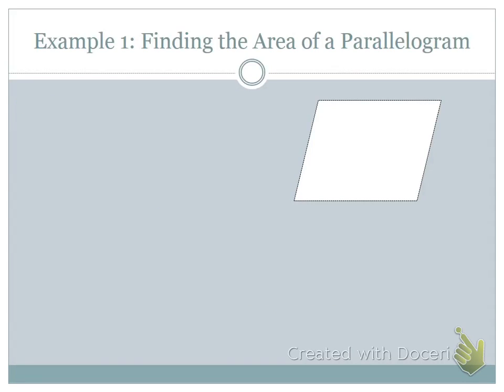All right, so what does this look like in a problem? Well, if I'm finding the area of this parallelogram, this dimension is, let's say, 6 centimeters, and then this dimension is 10 centimeters. And this dimension is 4 centimeters. So I have 3 dimensions here, okay?